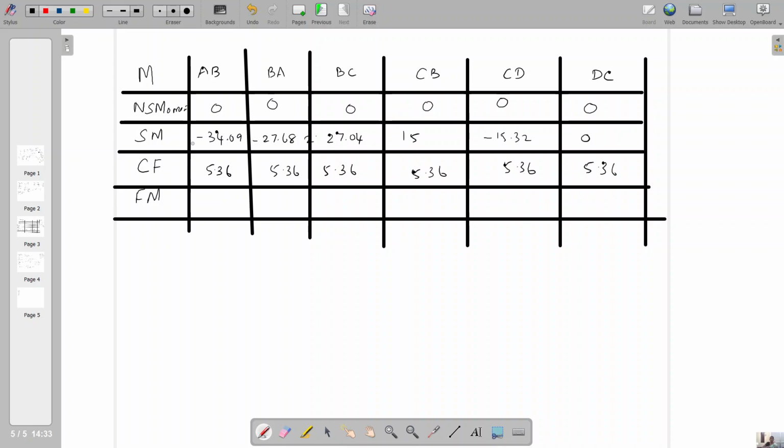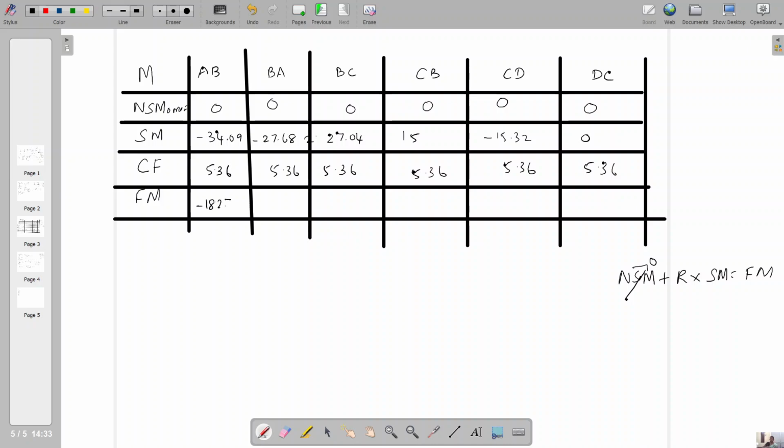Here also, you just multiply the sway moment with the correction factor, because the formula is non-sway moment plus correction factor into sway moment, which is equal to final moment. So here non-sway moment is 0, so directly you multiply with the correction factor.